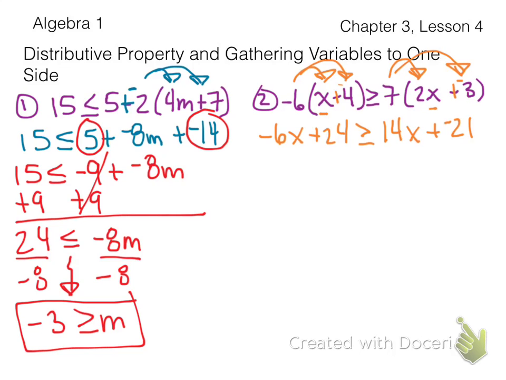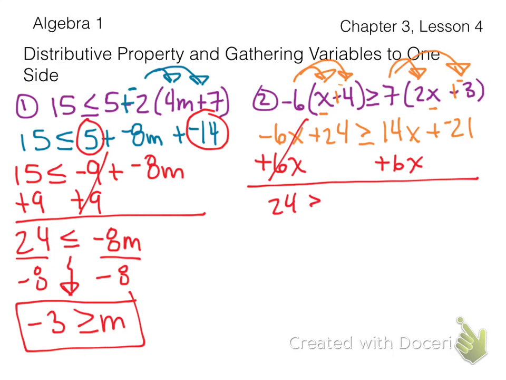And again, it doesn't matter which way you move, if you move the negative 6x or the 14x. I just prefer to have a positive variable. So I'm actually going to move the negative 6x. Because if I move the 14x, I'm going to have a negative variable, and just to save myself some trouble, okay? But again, it's your choice. You don't have to do it my way. So that's going to cancel out.